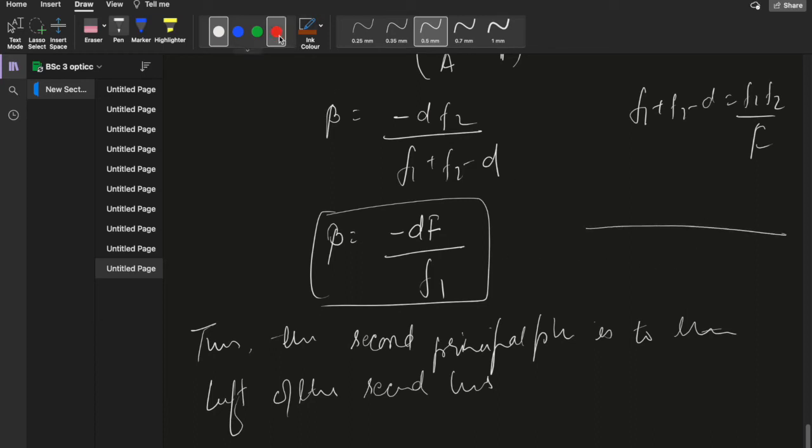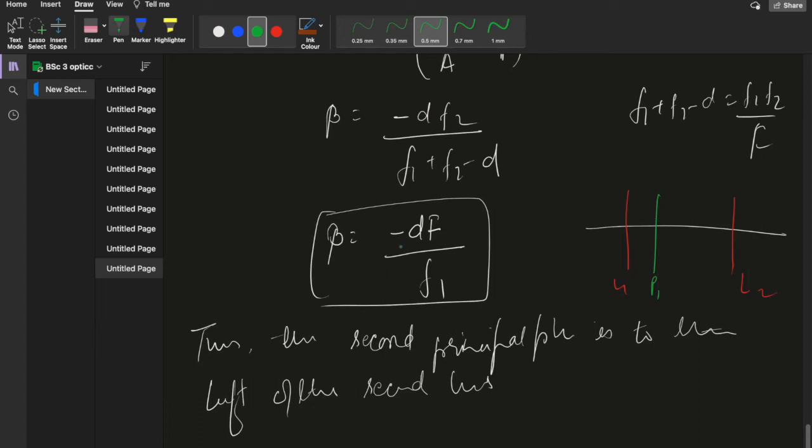So say if this is our L1, if this is our lens 2, the first principal plane will lie somewhere here, say this is P1, just to the right of lens 1.